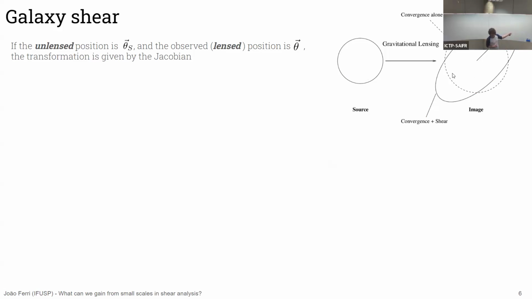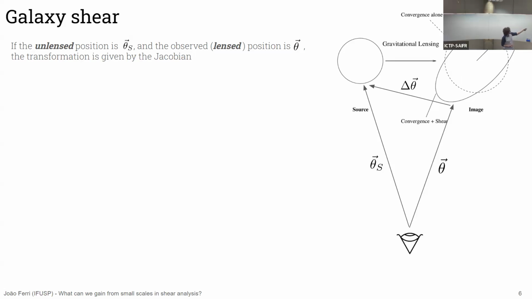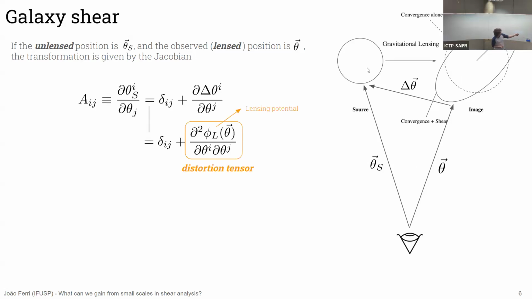And what we see is actually this image. So if you think that your unlensed position in the sky is theta s, and it's transformed along the line of sight to theta, then you can think of this transformation as a Jacobian, basically. If you compute this Jacobian, it's basically the identity plus a tensor that we call the distortion tensor.